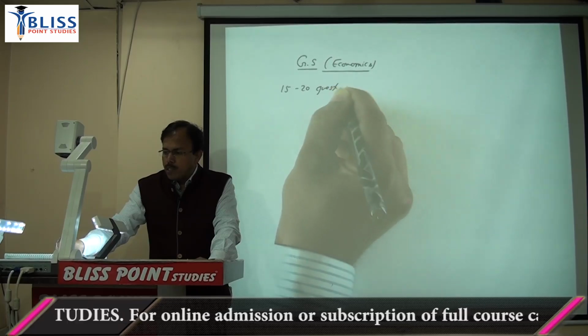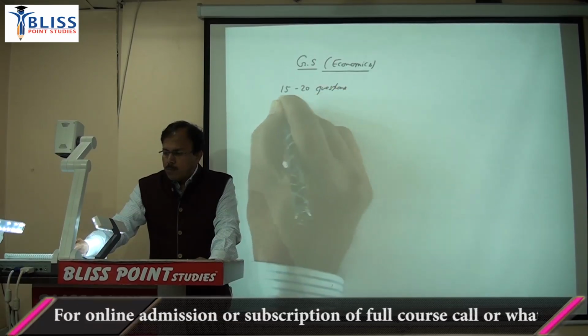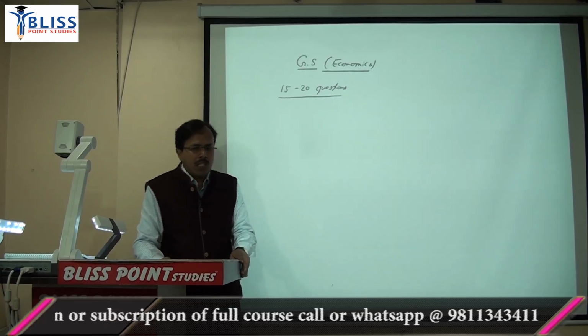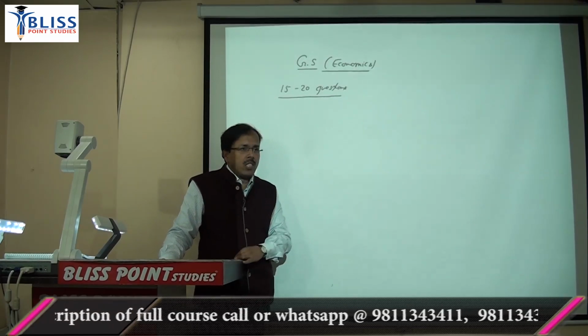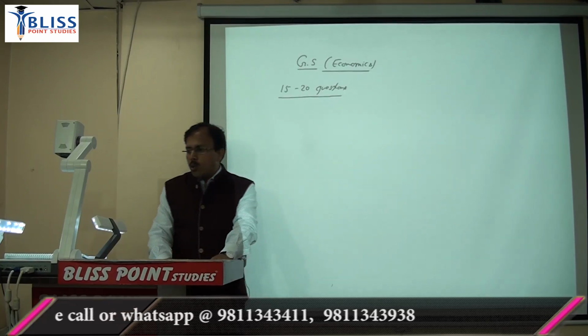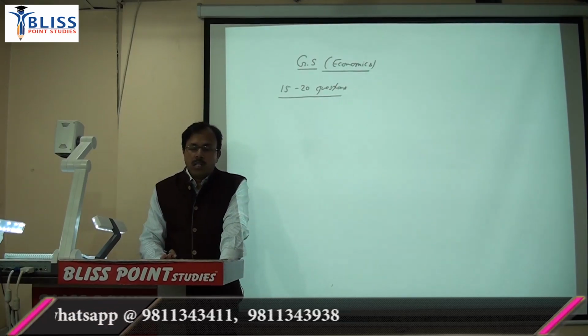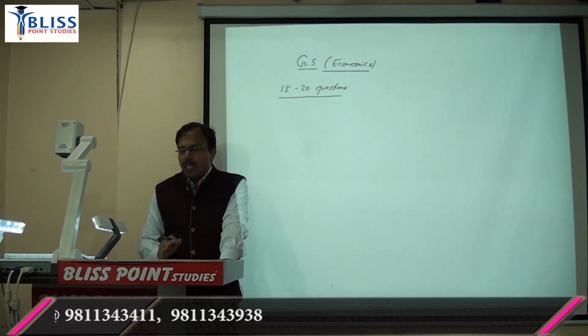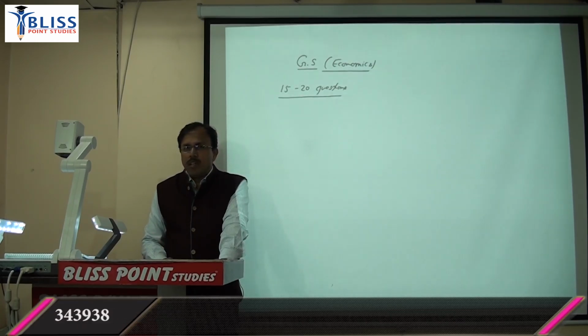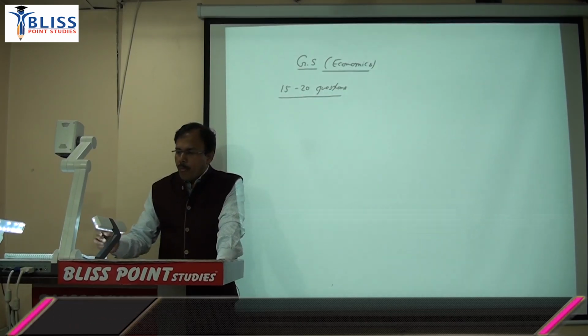Sometimes it is on the lower side and sometimes on the higher side. Last year there were around 17 to 18 questions. Not only was the number of questions more, but the level of difficulty was also on a higher side compared to earlier years.